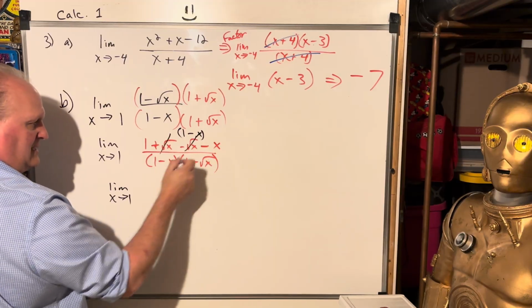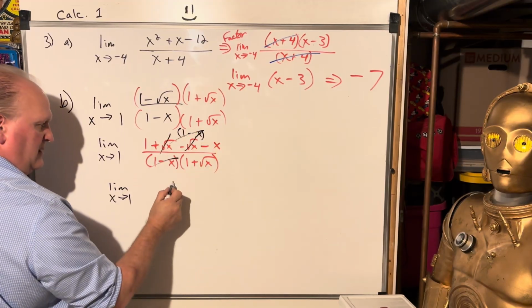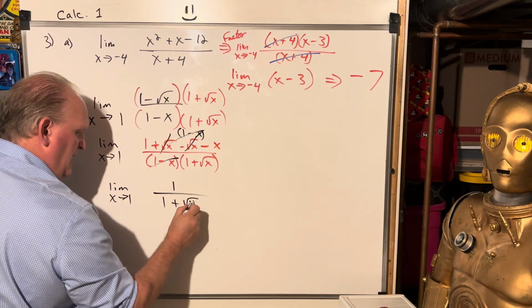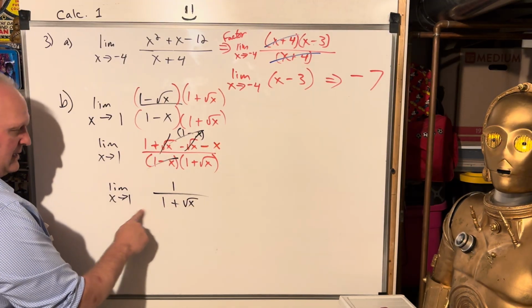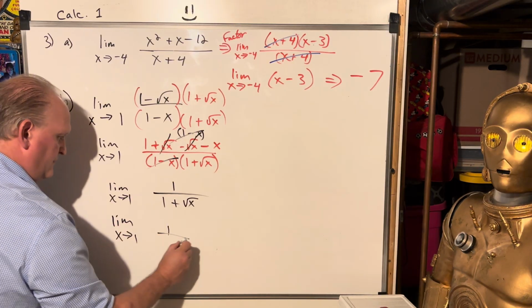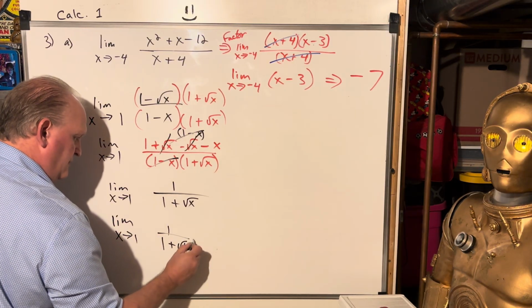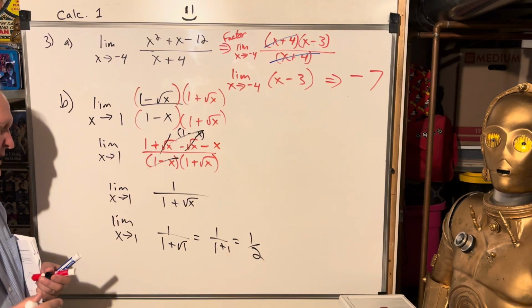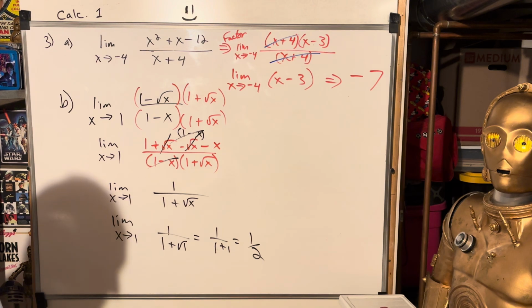Well, 1 minus x in the numerator, 1 minus x in the denominator. We end up with 1 over 1 plus the square root of x. And now we can do that substitution. And so the limit as x approaches 1 is 1/2.